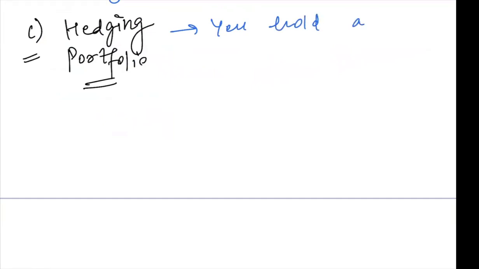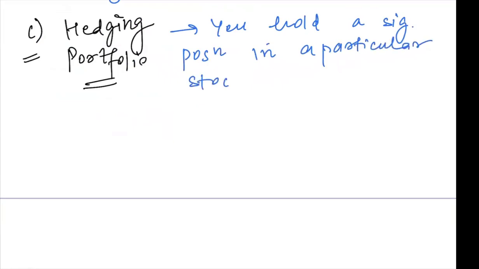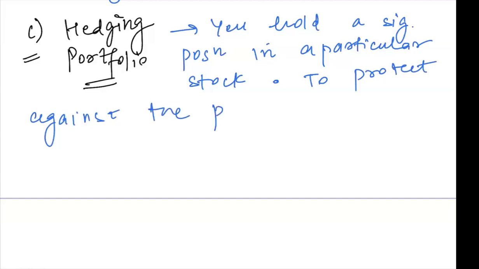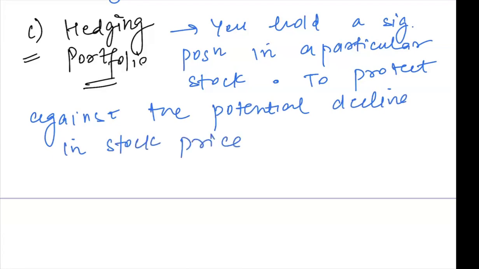So basically, let's say you hold a significant position in a particular stock. Now, to protect against the potential decline in the stock price, what will you do? How will you protect it? You can go for European put option, right?